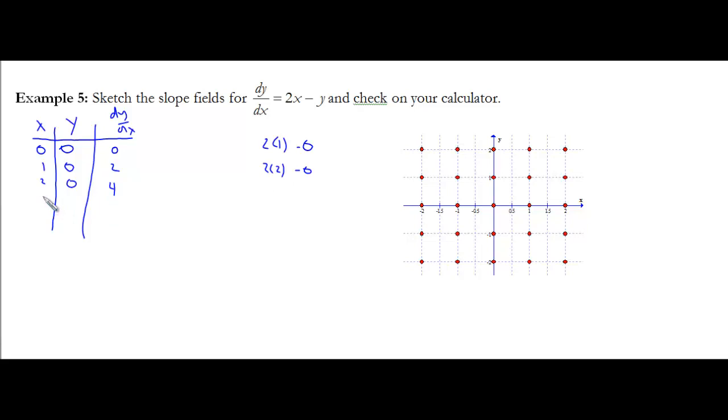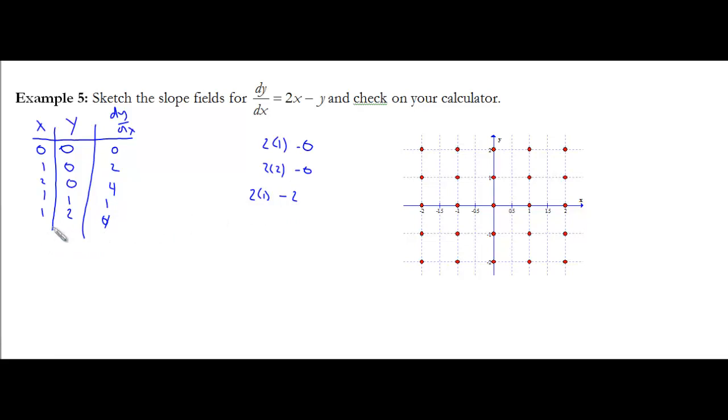All right, and let's see what else we'll do. We'll do maybe the whole first quadrant, (1, 1). When x is 1, you get 1 for the slope after you plug in y is equal to 1. And then we'll do (1, 2). All right, when x is 1, you got that. And when y is 2, you're going to end up getting 2 minus 2, which is 0.